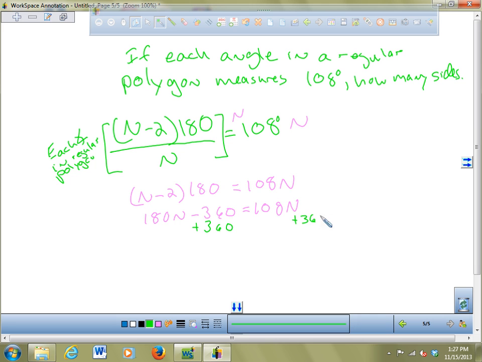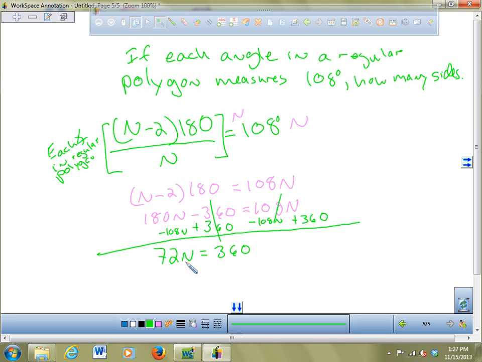Since I'm lazy, I'm going to subtract 108n from each side. When I do that, this goes away. I get 72n equals 360.